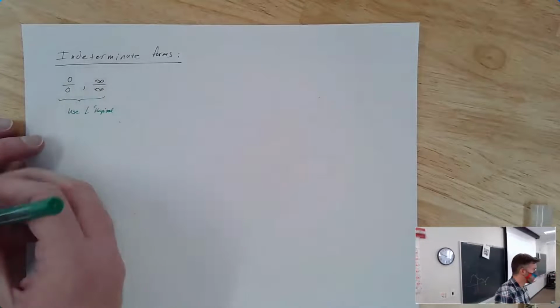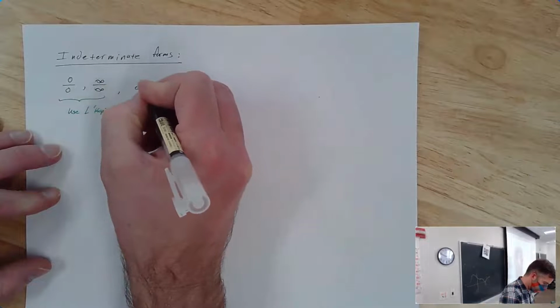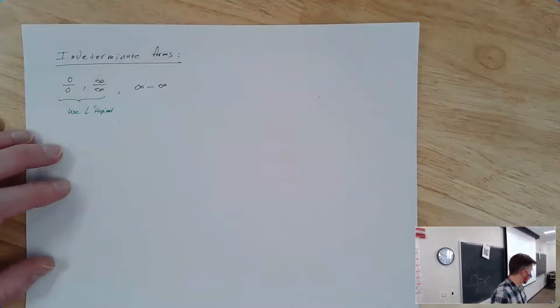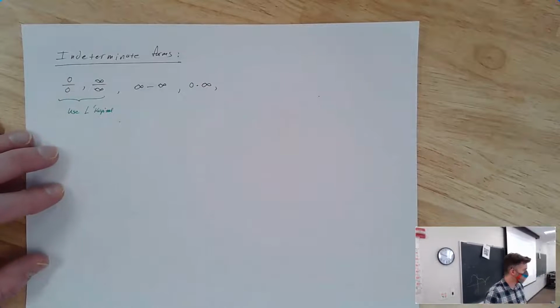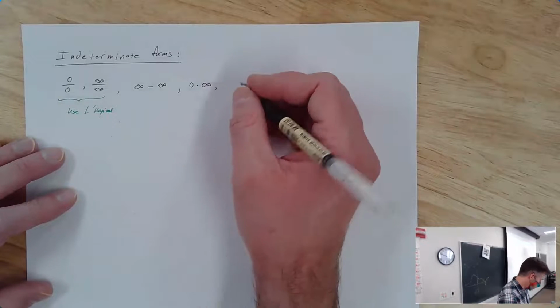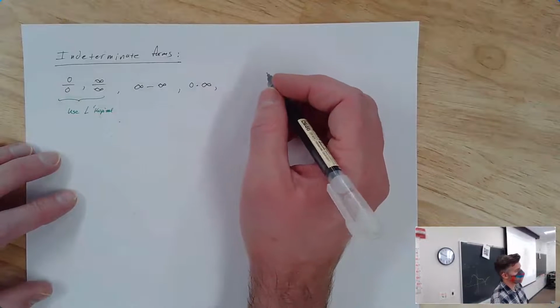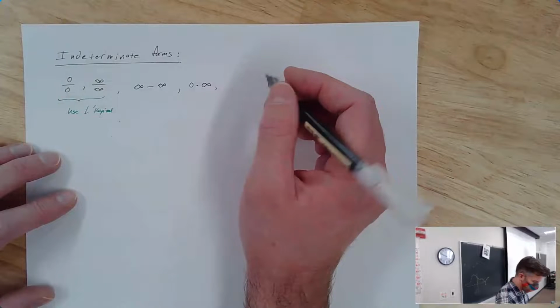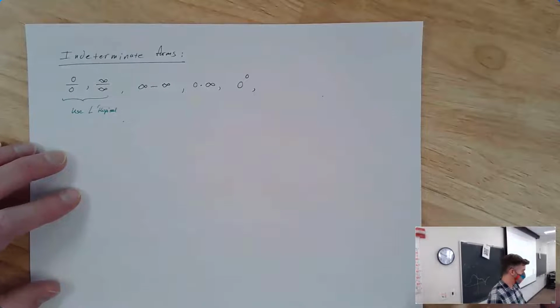But then there's some others. There is infinity minus infinity. There is 0 times infinity. And then there are 3 exponential indeterminate forms. They are 0 to the 0. That's definitely indeterminate.